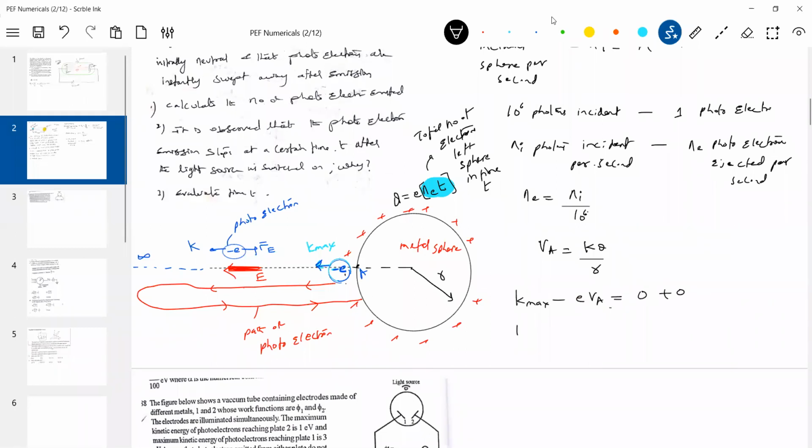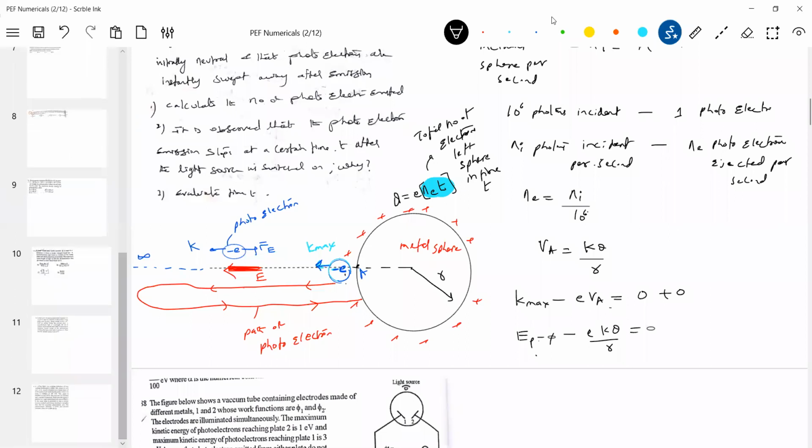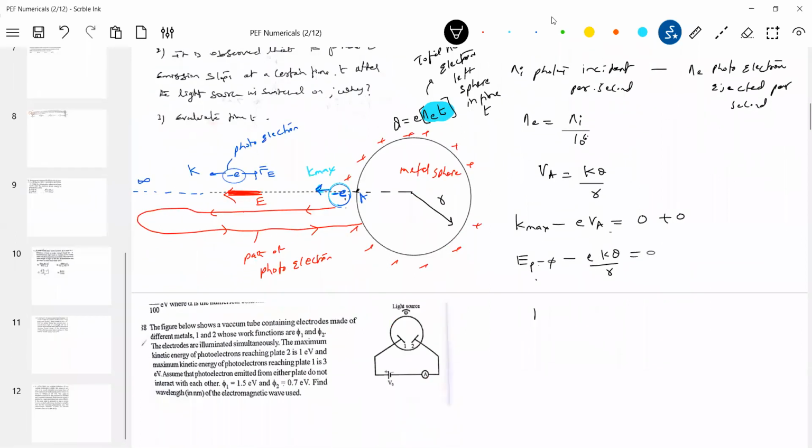K max we know: hc by lambda, or energy of photon minus work function, minus e K Q by R equals 0. Do we know all the quantities? What is Q? I substitute this.